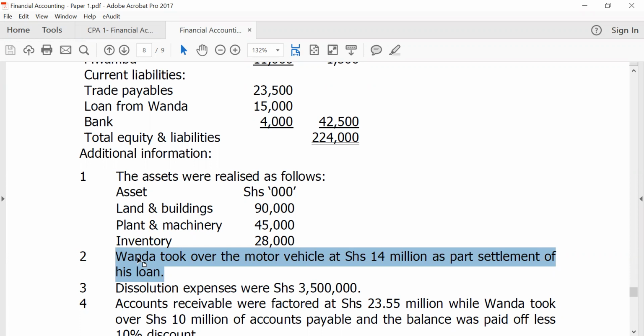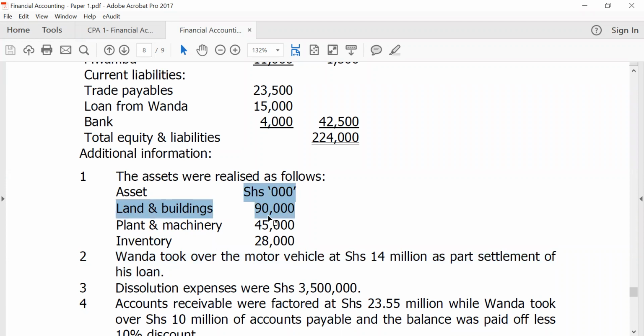Now, in our realization account, just like we credited the sale of the land and building, even the takeover of this motor vehicle by Wanda, we shall credit it, because that is how this motor vehicle has been realized. But we shall realize it still at 14 million at which Wanda took it. So we shall take it to our realization account at that value.